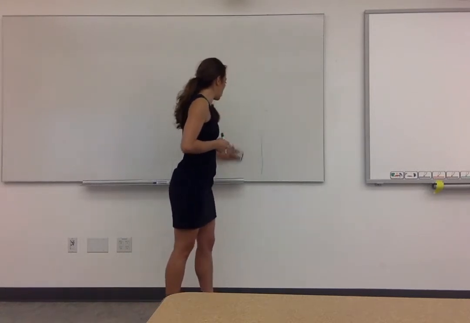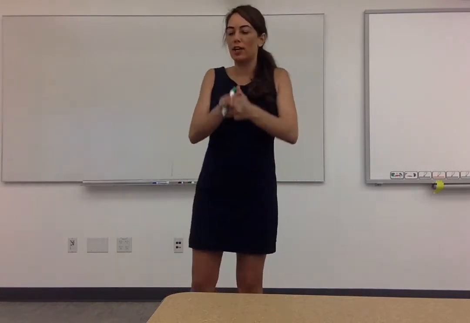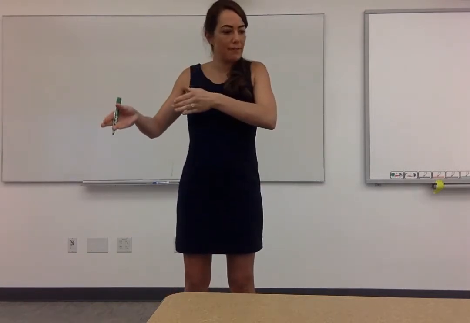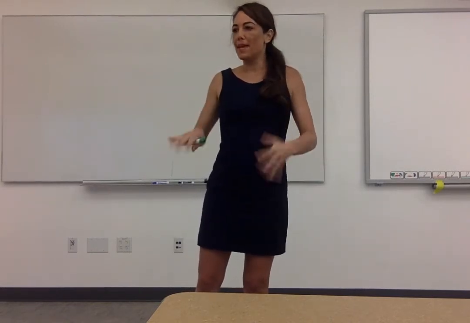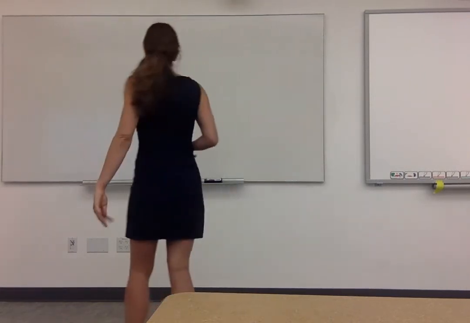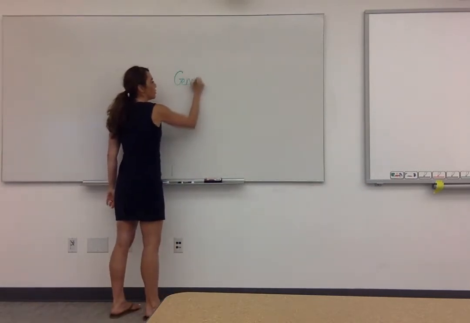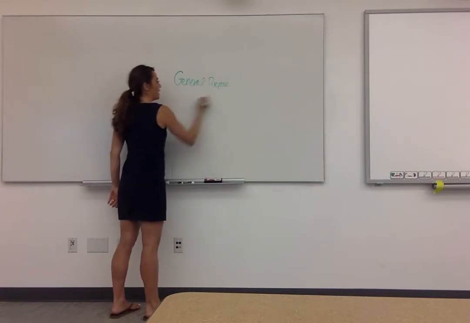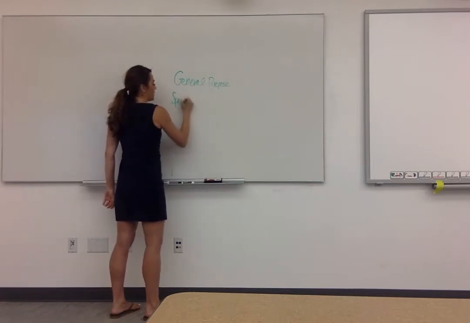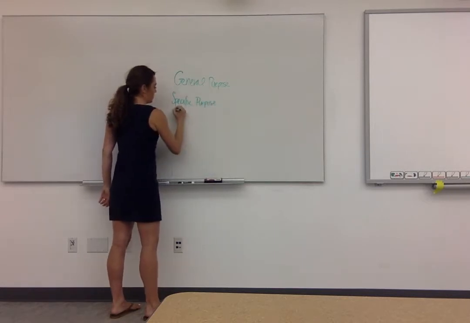As it says there on your handout, the first thing that you are going to need to label is your general purpose, your specific purpose, and your thesis statement. This will be at the top, and it will be after your catchy title. So the general purpose, you'll list out for us in one simple line, the specific purpose, and then your thesis statement.